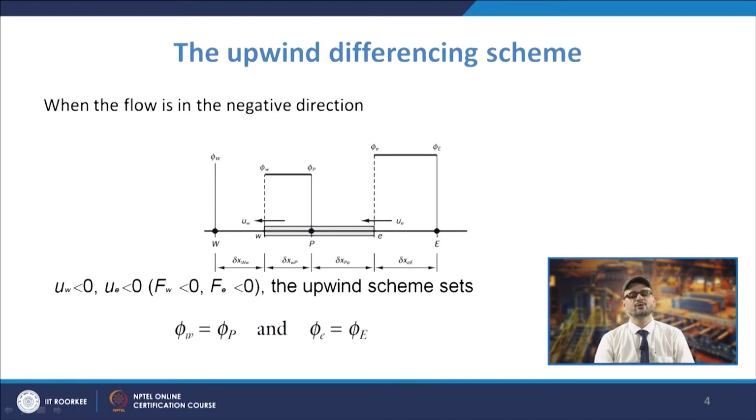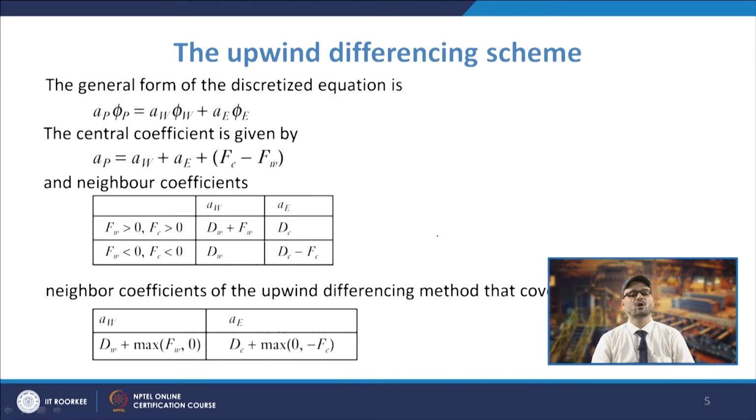So, this will be used to discretize the equation, and you get the expression for phi P in terms of phi E and phi W and the source term, which needs to be solved.